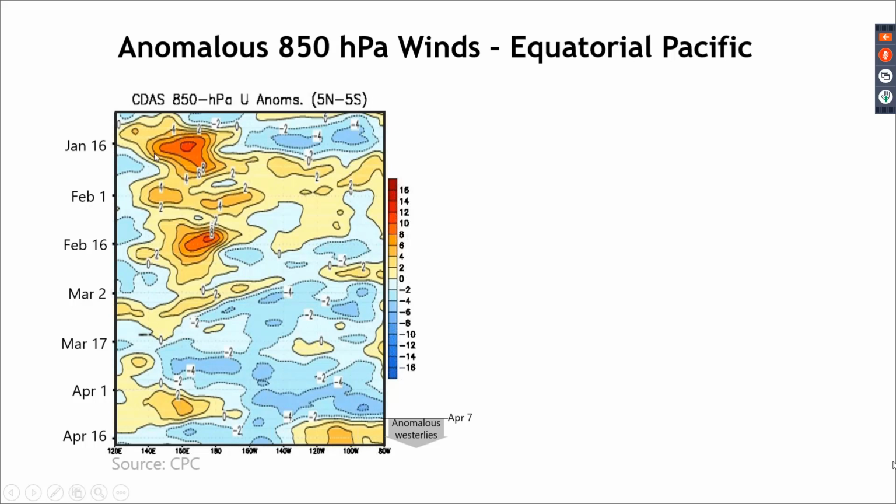And in red, you have the westerly wind bursts. This is anomalous, right? So anomalies from the west, and then in light blue, you have anomalies from the east. You can see these westerly wind bursts earlier in January and February, so early in the year. Where you see things strong like this, they usually generate oceanic Kelvin waves.